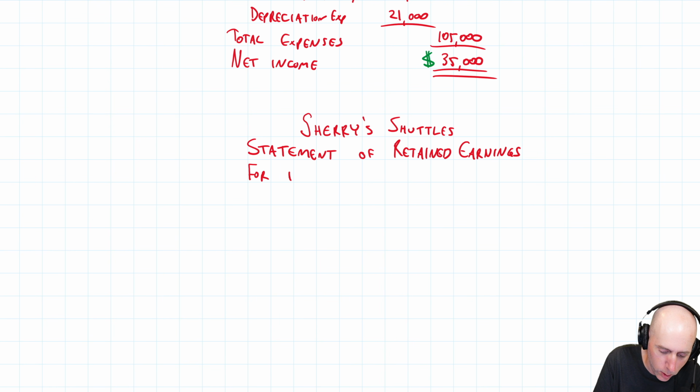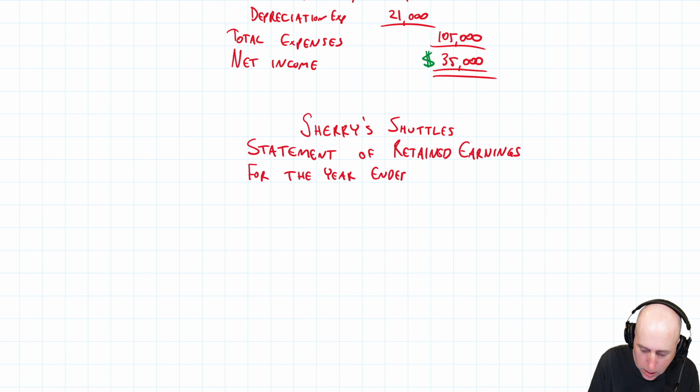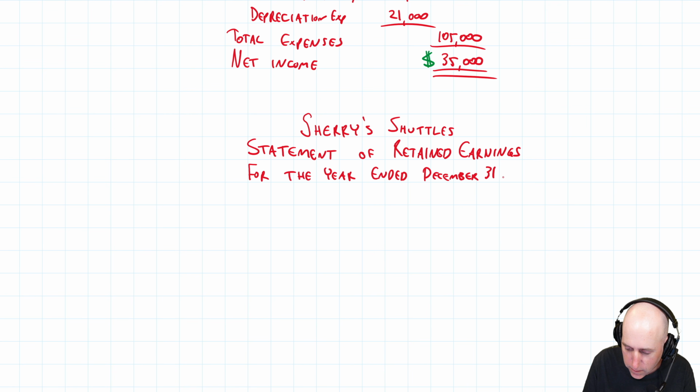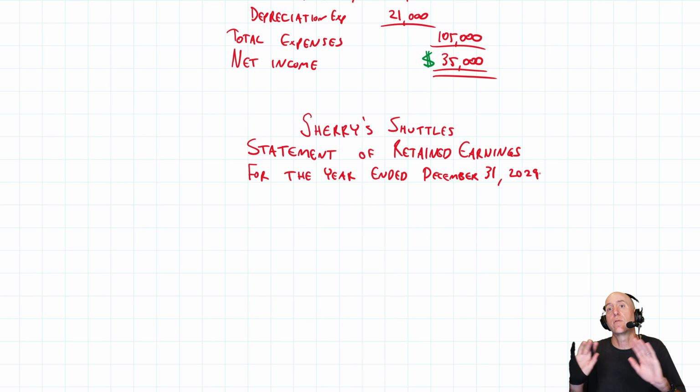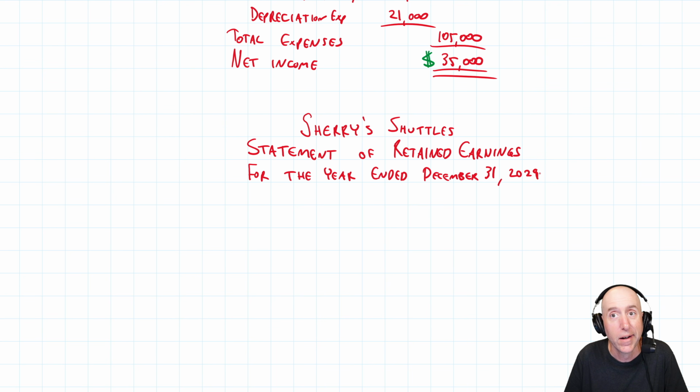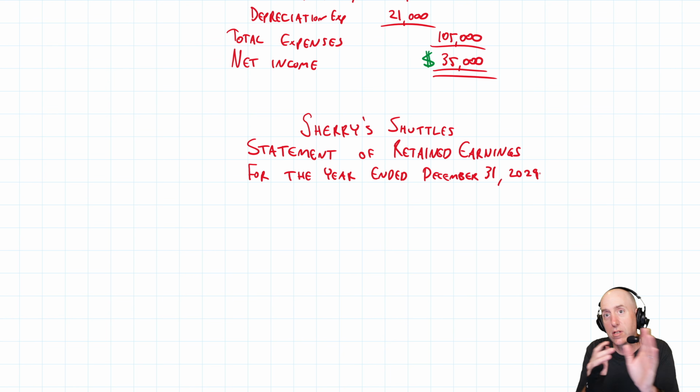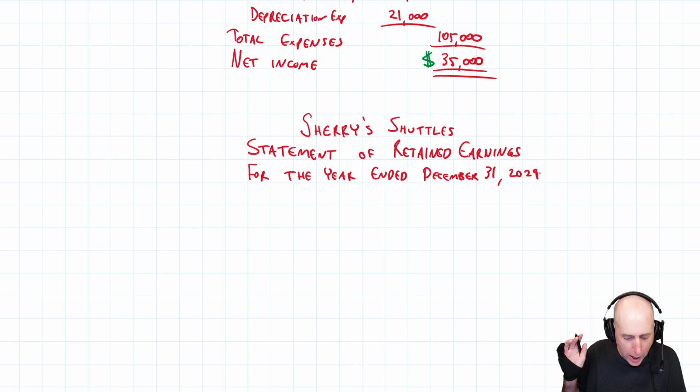So this is for the year ended December 31st, 2029. Now, a lot of companies have fiscal years that don't end on December 31st. Very normal to have a year ended May 31st or something like this. So don't think that every company has to be December 31st, and you'll see that in future questions.